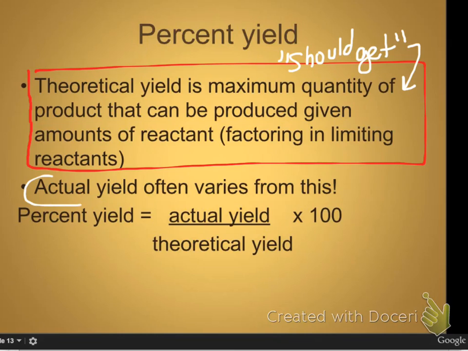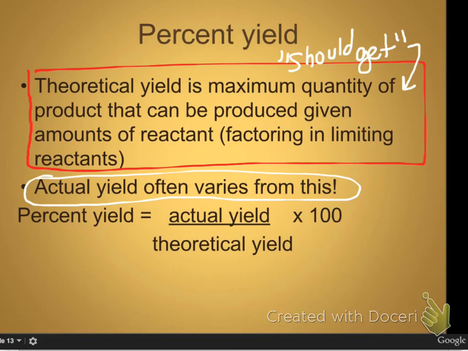Now, we don't live in a perfect world. We've talked about this. And there are lots of things that can happen in a chemical reaction. Lots of things can go wrong between putting all the reagents together, heating, stirring, whatever, and measuring your product. So we have what's called mechanical loss. If you've ever baked a cake, and as you take the batter out of the bowl, if you just dump the batter into the bowl and don't scrape the bowl, you have a lot of mechanical loss.